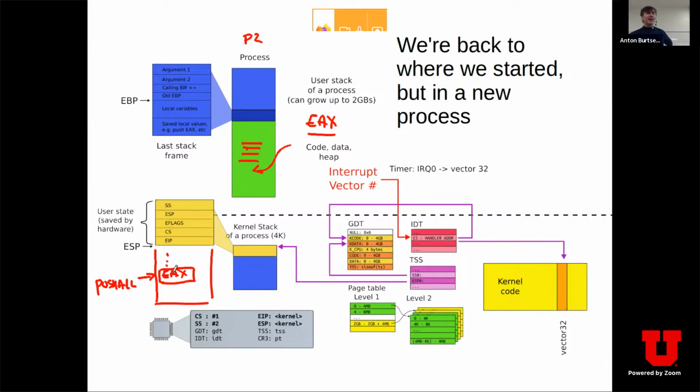So that's the user value of EAX. What about the kernel value of EAX? Imagine you already started executing vector 32 and you switched away from this process. You were running for some time in the kernel, so the kernel had some value in EAX.